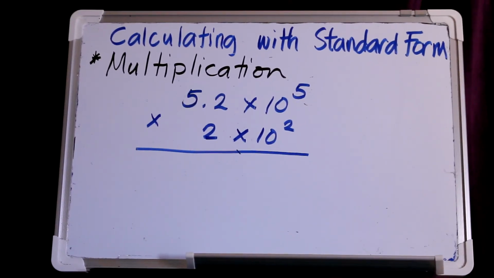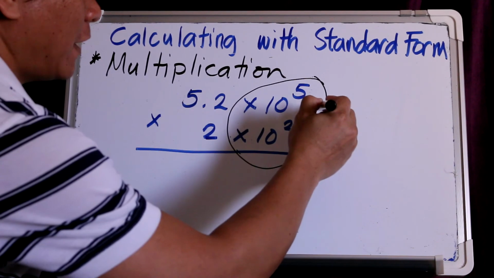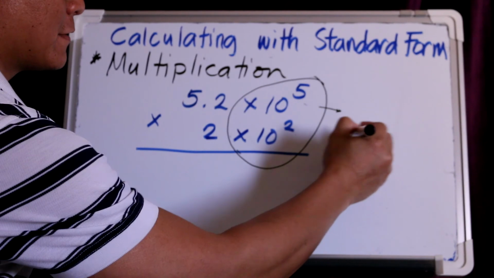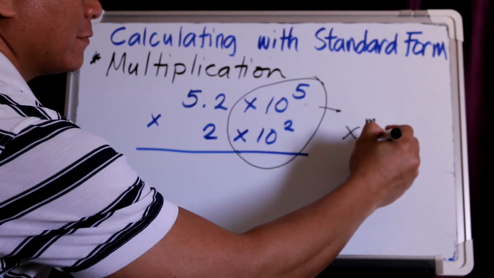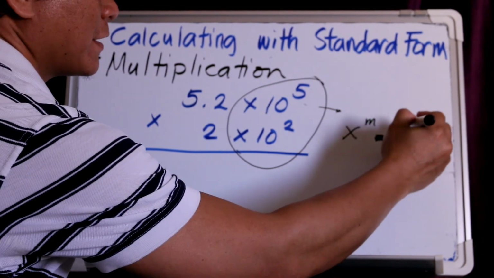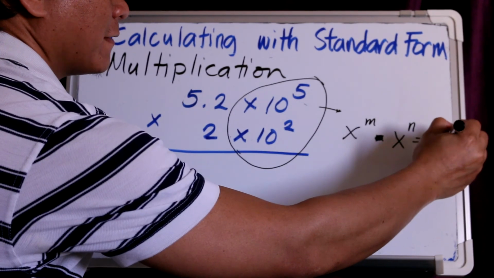So how do we multiply standard index form of numbers? In multiplying standard index form of numbers, we should follow the law of indices. And the law says x raised to the power m multiplied by x raised to the power n equals x to the power m plus n.